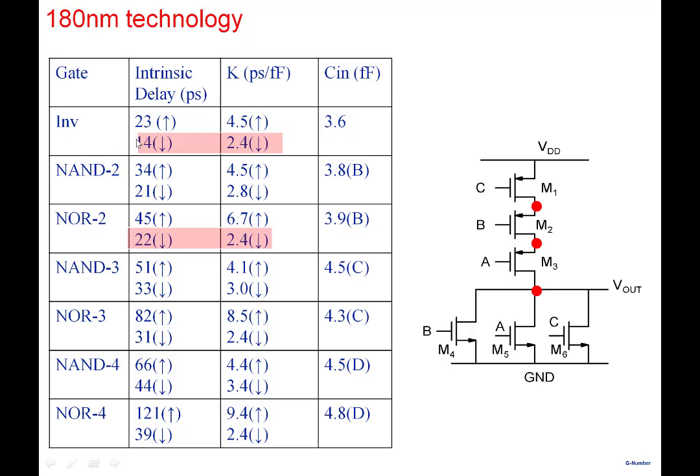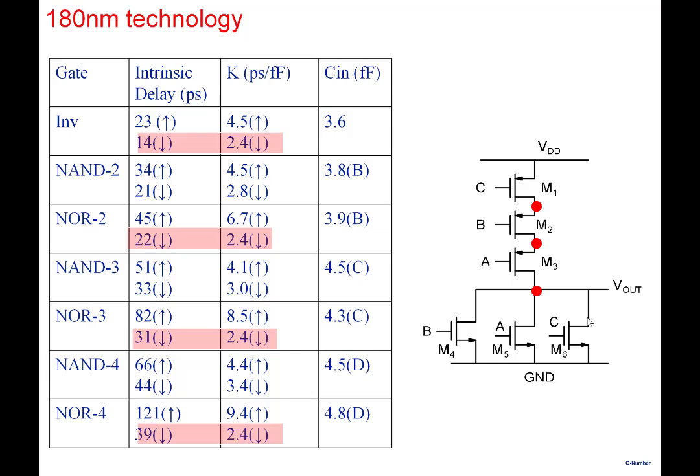But the intrinsic delay goes from 14 to 22. And then go to the 3 input NOR gate, the pull down strength remains the same, 2.4, and the delay becomes 31. And then go to 4 input, same 2.4, so we've added a 4th transistor here, and it becomes 39 here. So why is this increase occurring? 14 to 22 to 31 to 39, why is this increase occurring?